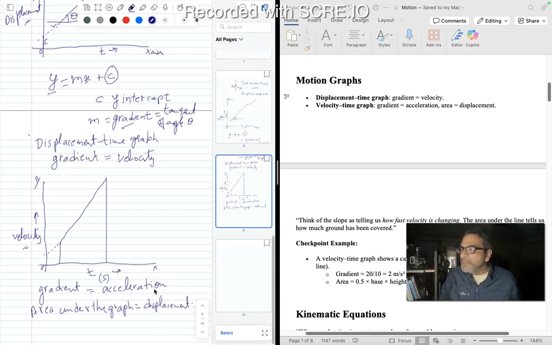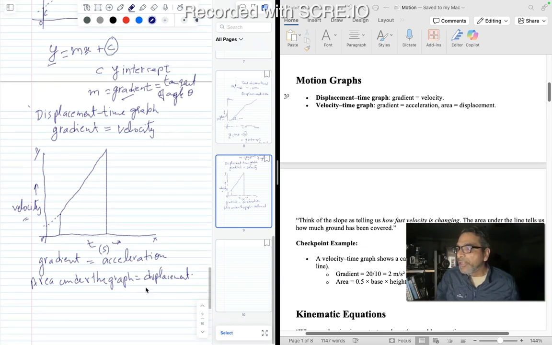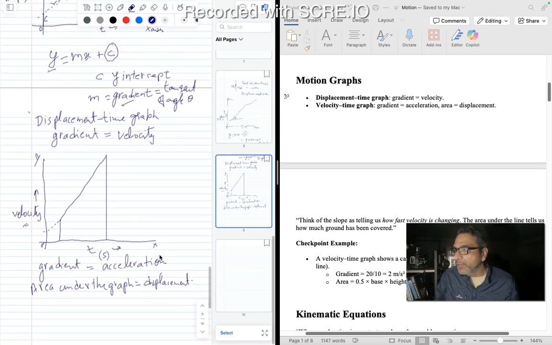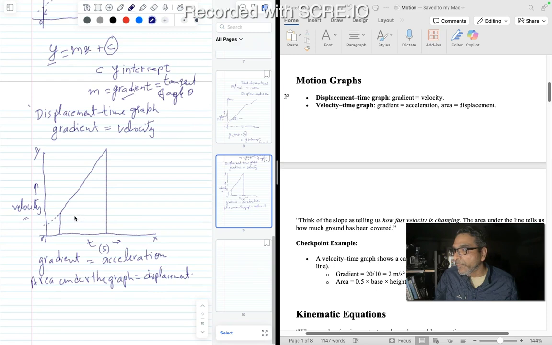So the two terms which can be shown in our velocity time graph are the acceleration and the displacement. No, the displacement is this area. Okay, so if we calculate this area, we can say how far it has gone.